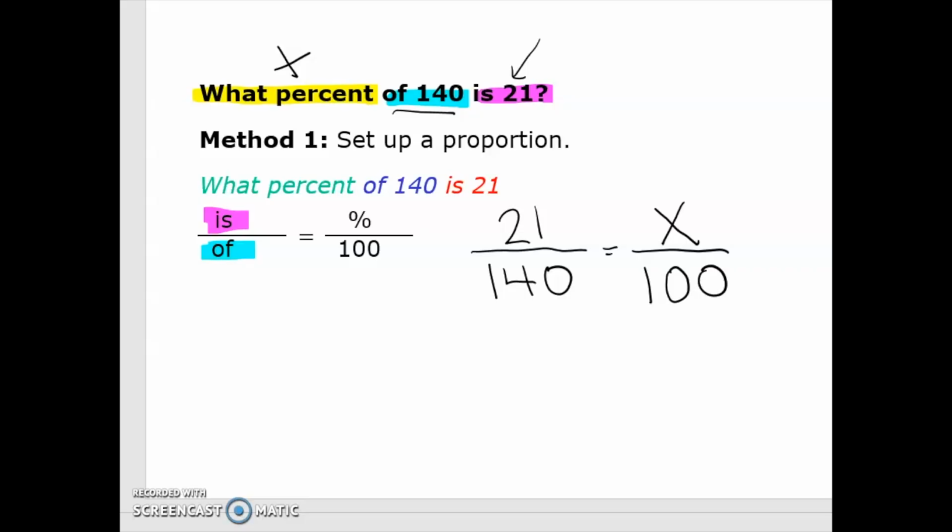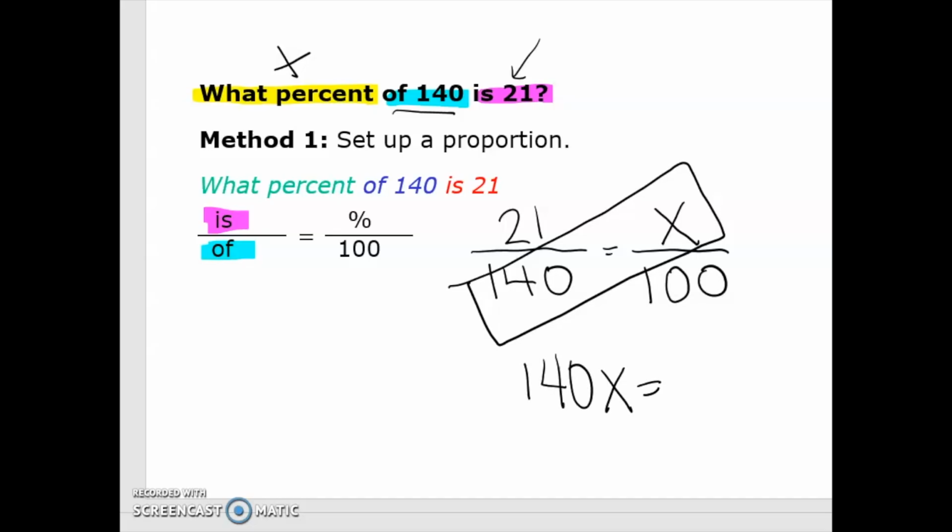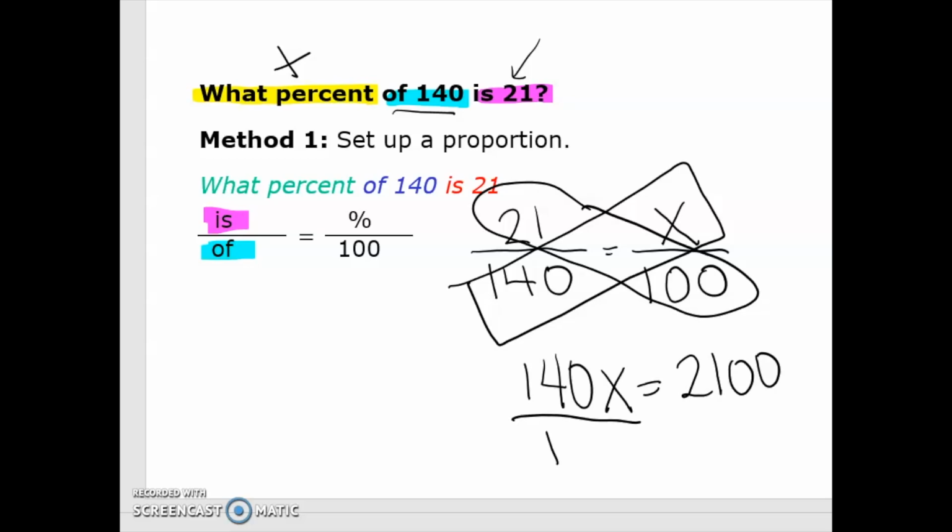So now we're just going to use our cross product. So 140 times x is 140x. 21 times 100 is 2,100. Now at this point, again, you've shown all of your work. You may grab a calculator just to do the division.